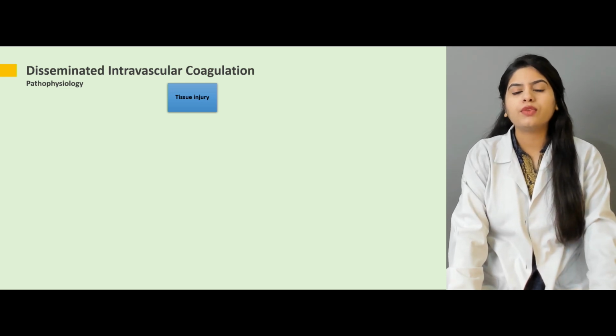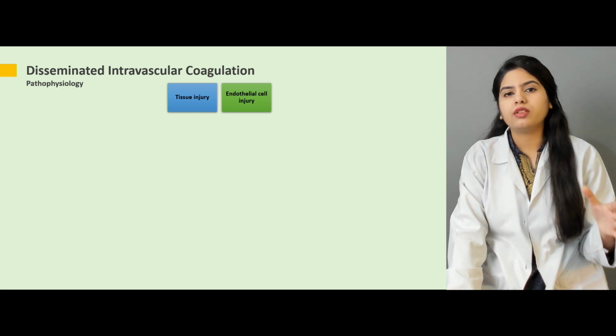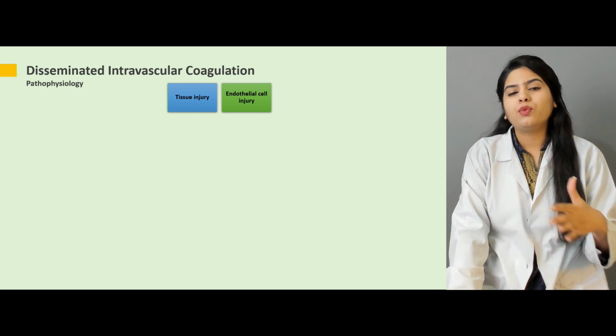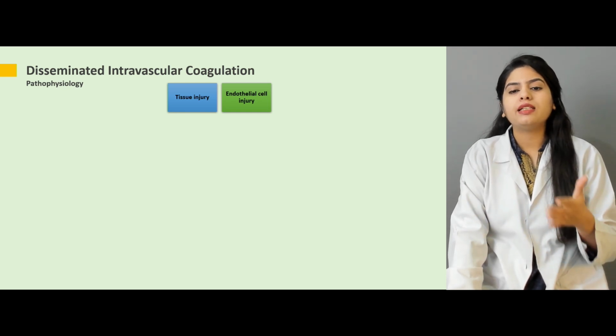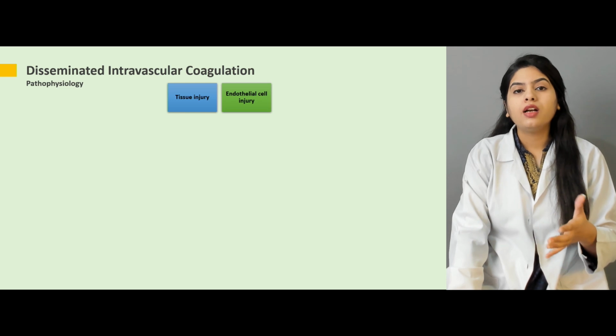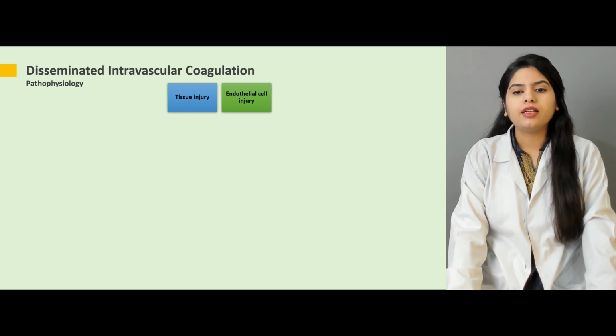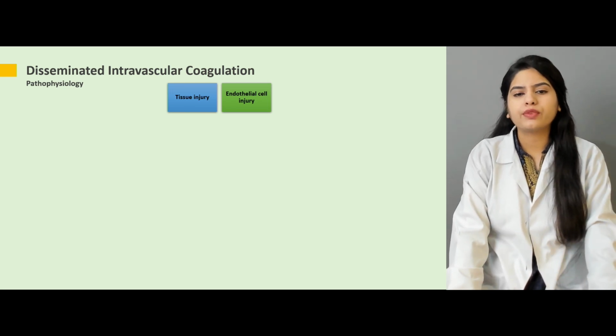Again, with the tissue injury, there can be endothelial cell injury that can occur because of the disease or the trauma. Infection as well can be a reason for such injury.